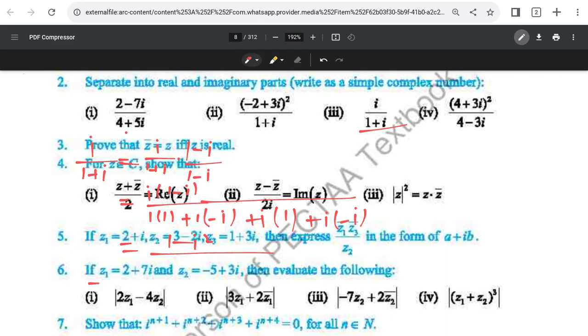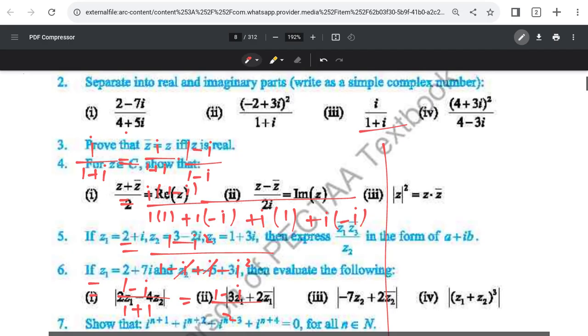Okay, over 1 minus iota plus iota minus iota square, so they are cancelled, and here we have 1 minus iota over 1 plus 1, so that is basically equal to 1 minus iota over 2.